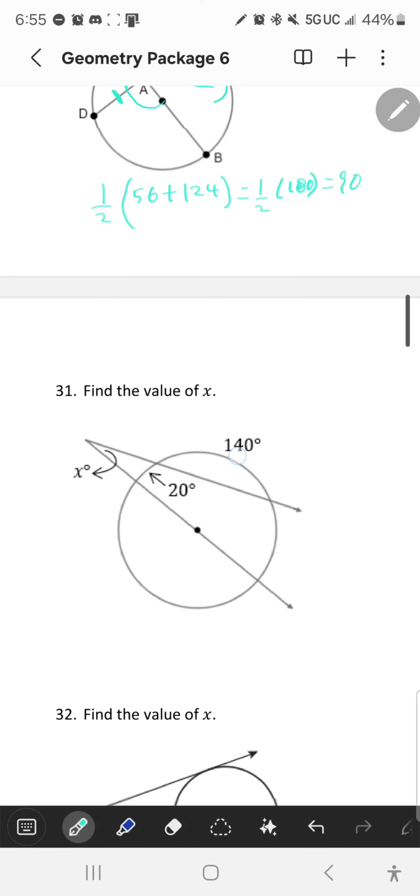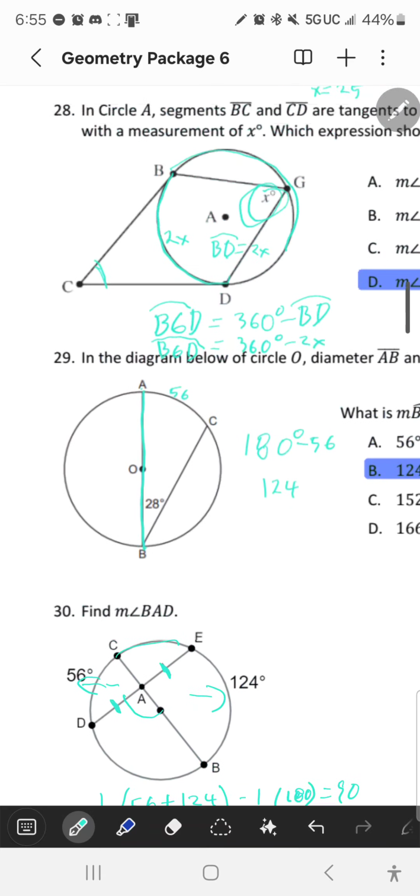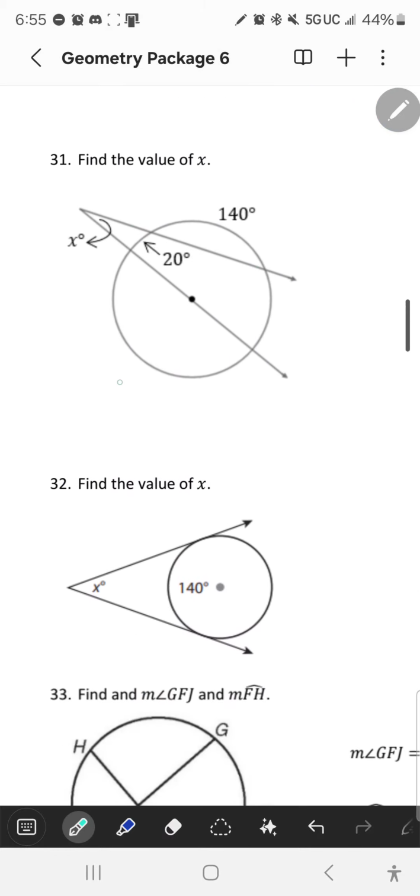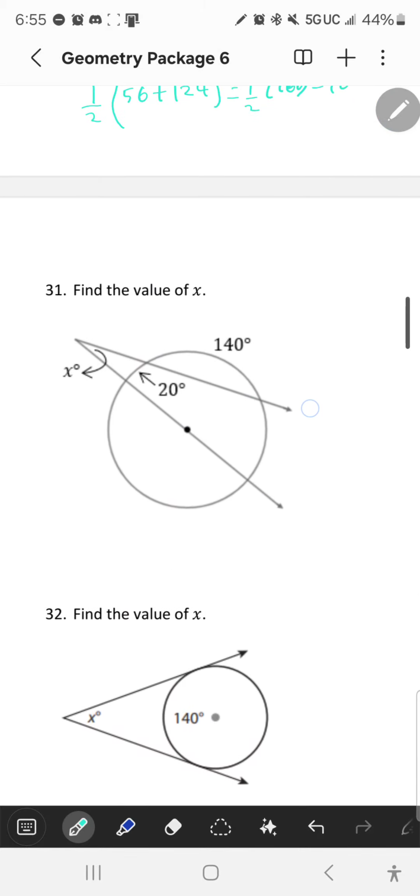So we have an outside one, so it's going to be a half. The outside angle is going to be half of the big arc minus the small arc.